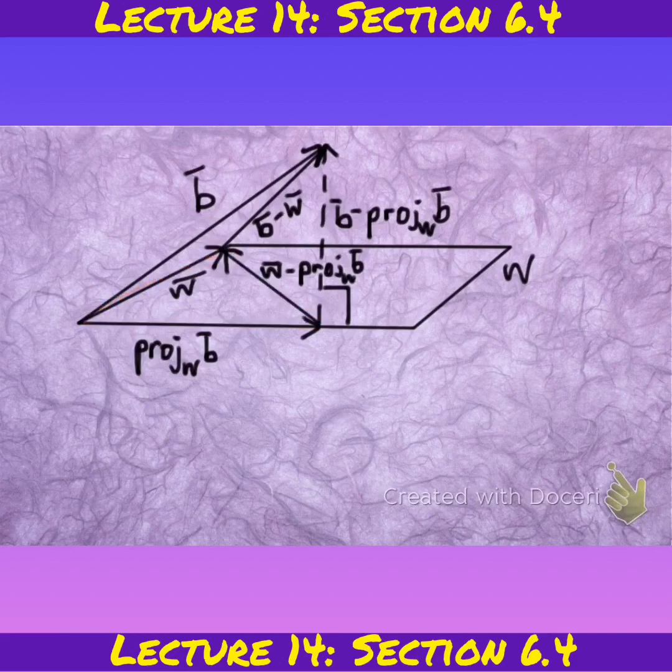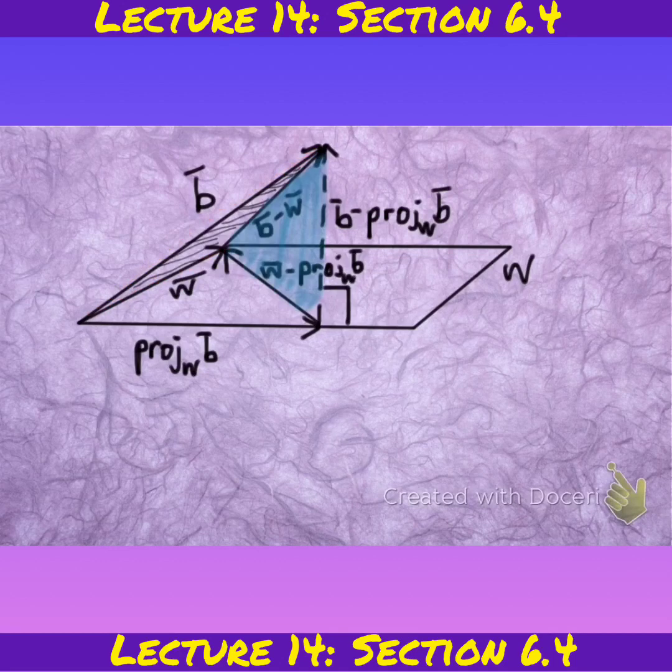This vector here plus this vector here is going to be the vector b. And this vector here plus this vector is going to be that vector there.